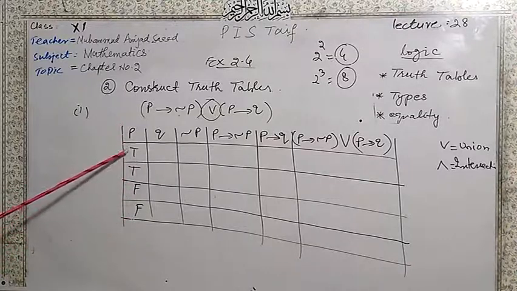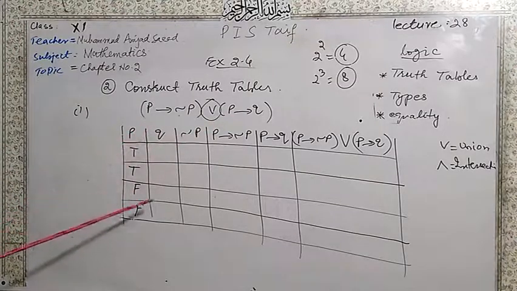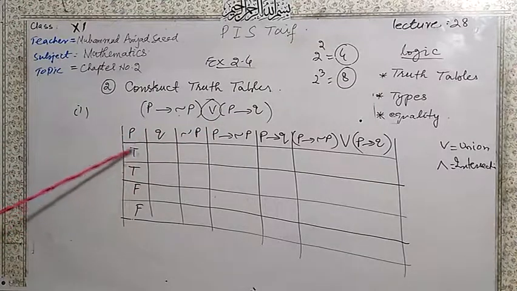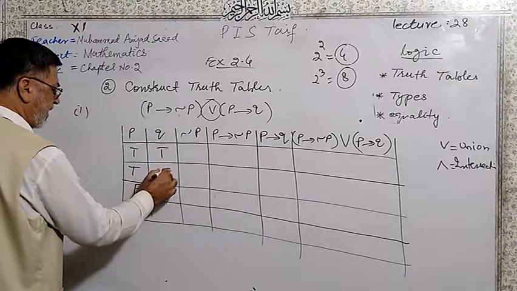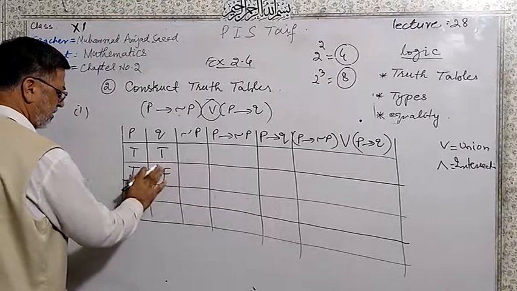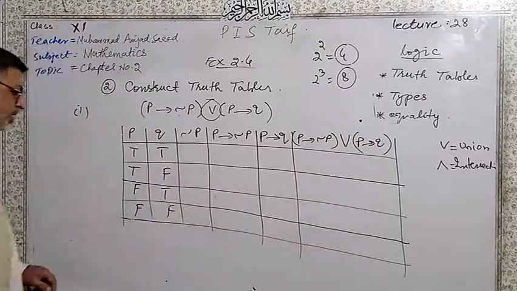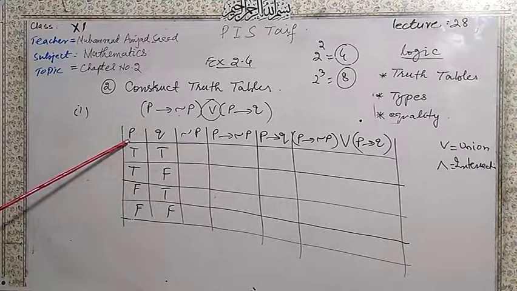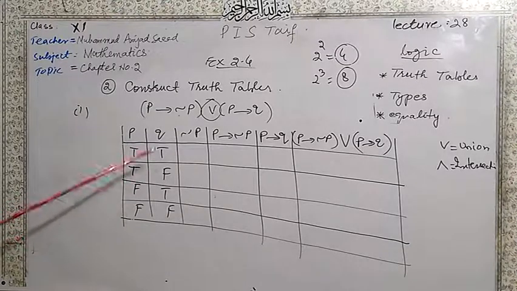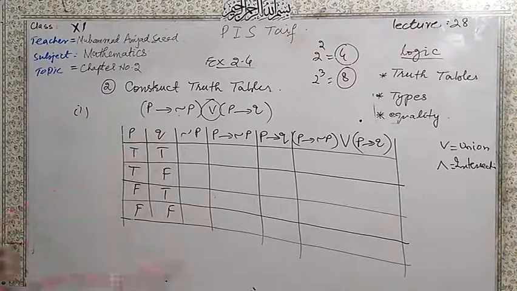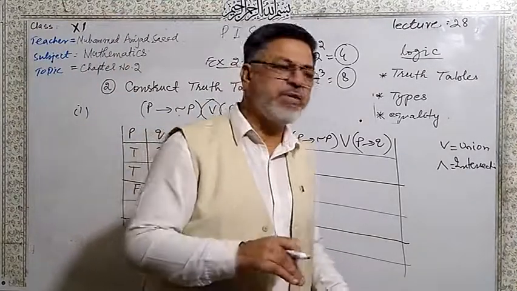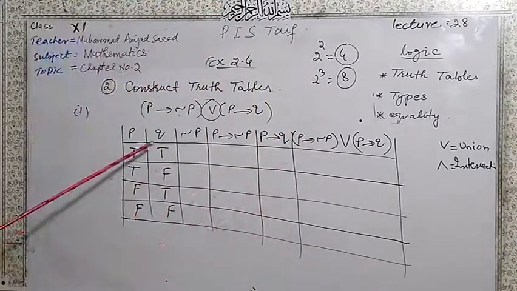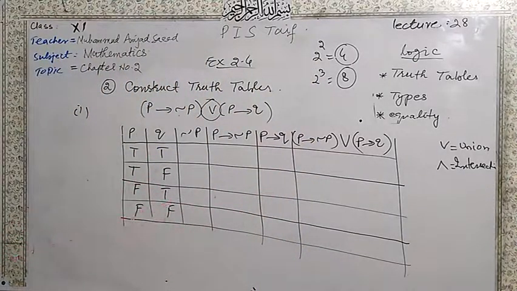In case of the second, Q, you will have the further half of that, 50% of 50%, which means TF and TF.